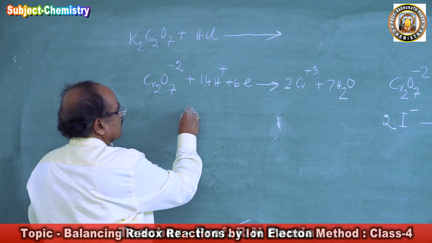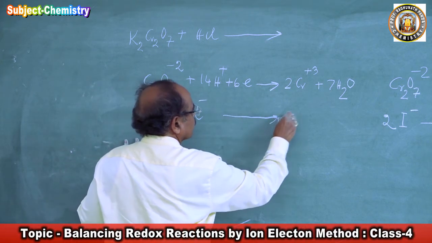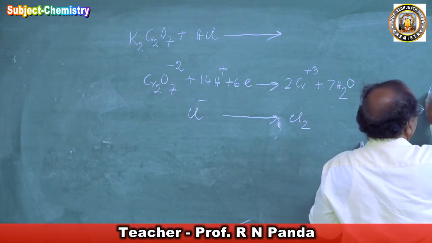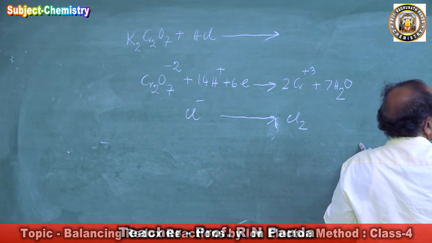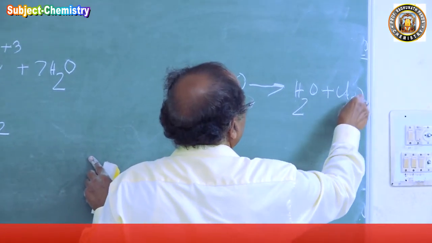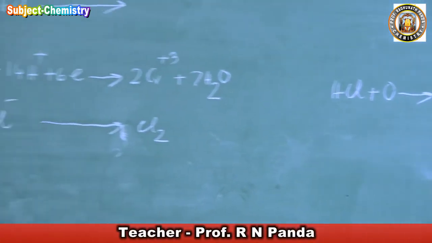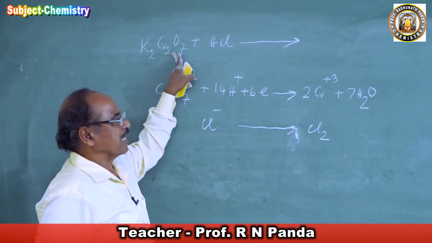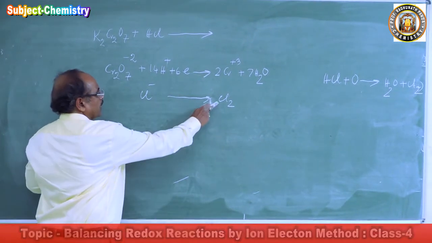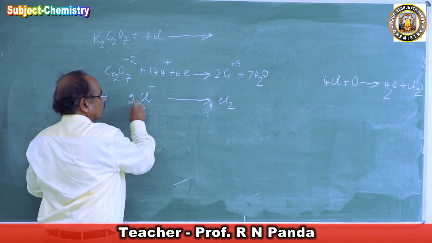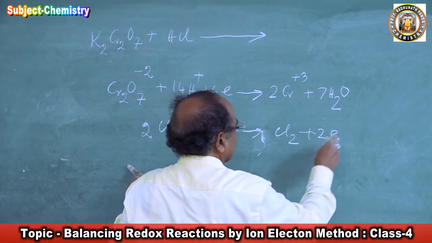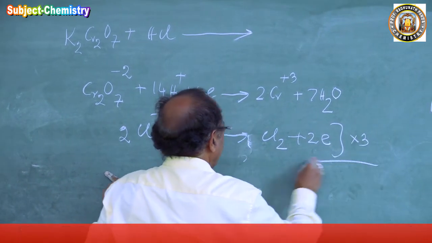And Cl minus is forming Cl2. The oxygen coming from potassium dichromate oxidizes HCl to form water and chlorine. So Cl minus is forming Cl2. 2 chlorine atoms here, so we multiply by 2. 2 negative charges, so we'll add 2 electrons. Since 6 electrons and 2 electrons, we multiply this by 3 and balance.